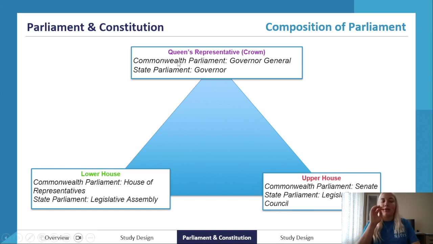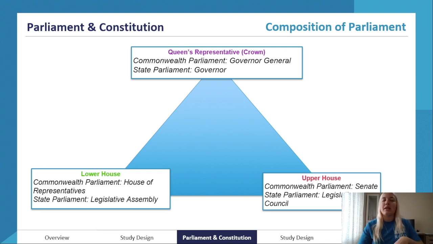Now, lastly, there's the Queen's representative, also referred to as the Crown. This is not actually the royalty in England, but it is a delegated representative.